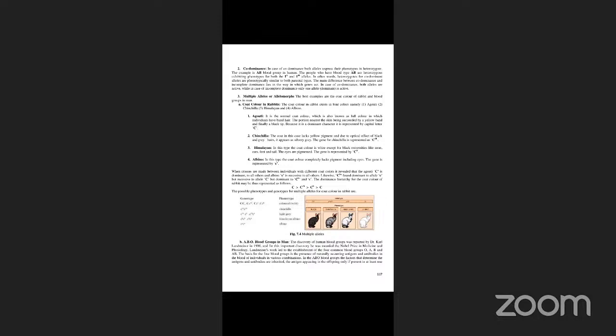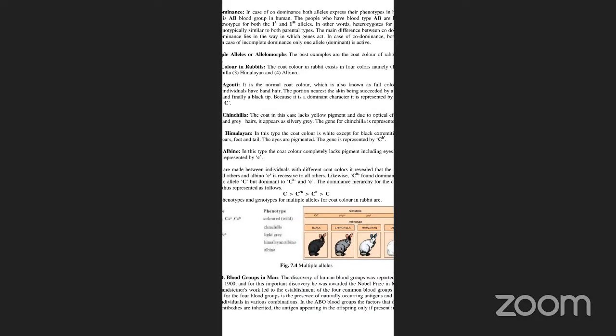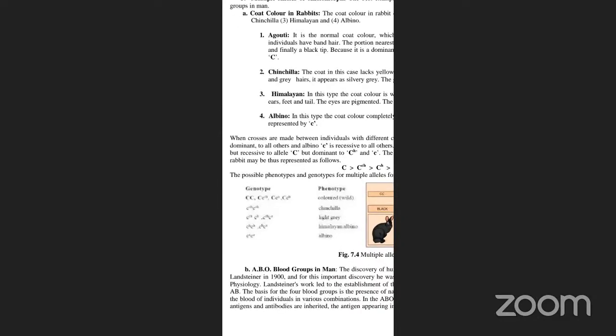So here you can see the hierarchy: agouti, then chinchilla, then Himalayan, then the recessive one, albino. This is how the genotype looks. If capital C is present, it gives agouti, that is black color. If both alleles are chinchilla, it gives chinchilla, that is gray color.